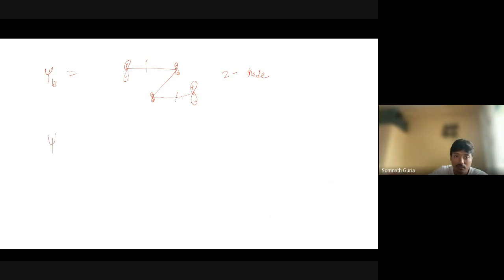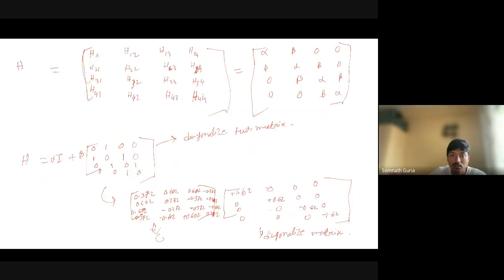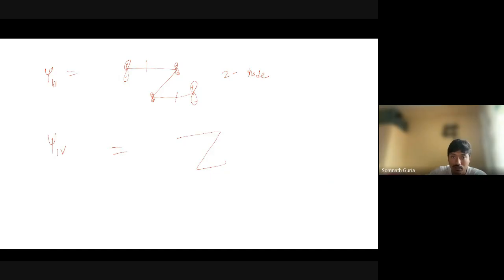Similarly, side 4 will give you: the first one is the smaller one, the second one is the larger one, the third one is the larger one. So this will be small, large, large, small.